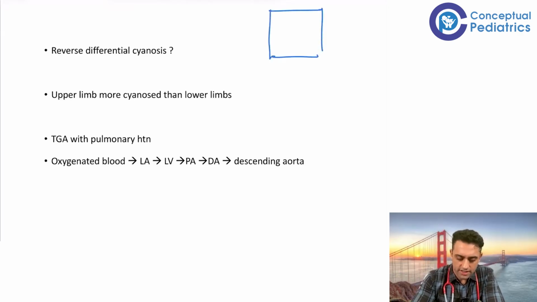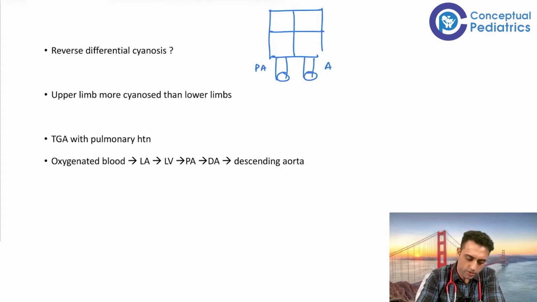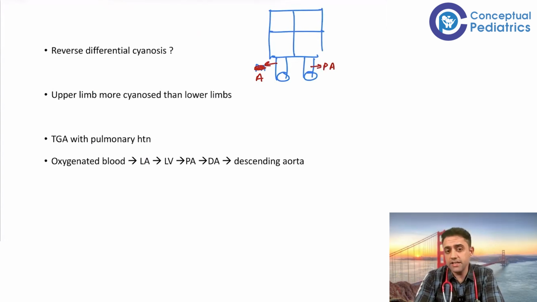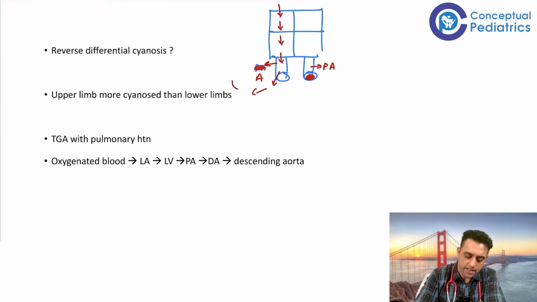Now, this is a TGA. TGA is transposition of great arteries. Normally, this side we have the pulmonary artery and this side is the aorta. But in a case of TGA, this becomes the aorta and this becomes the pulmonary artery. Now TGA with pulmonary hypertension, or pulmonary stenosis. In TGA, the deoxygenated blood enters the right side and goes to the aorta.